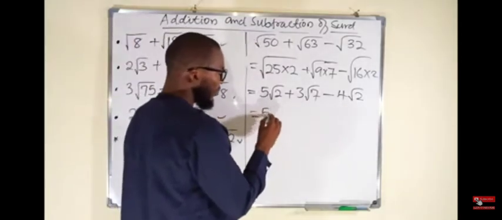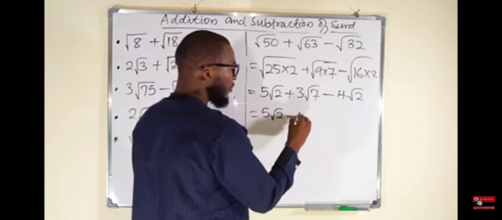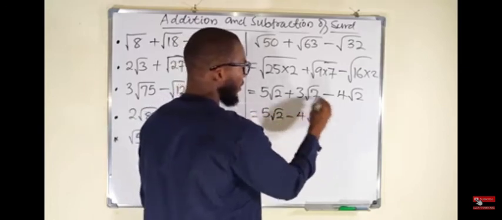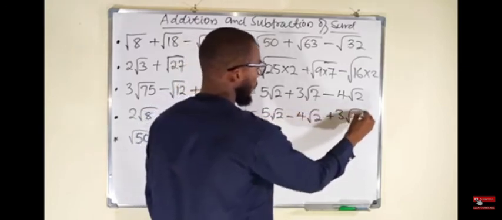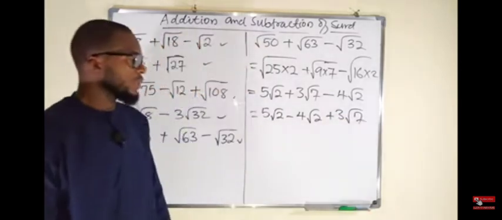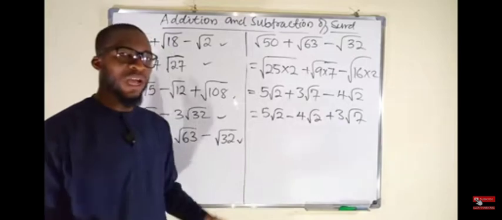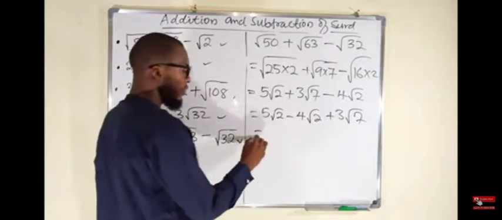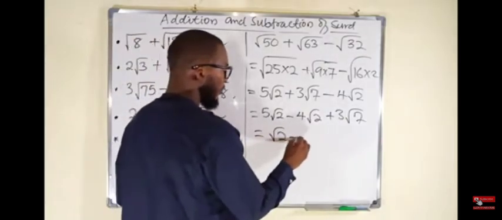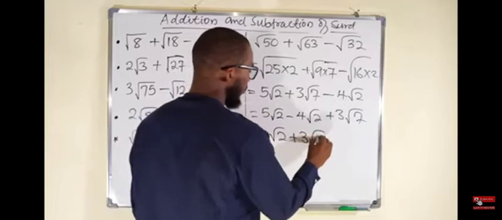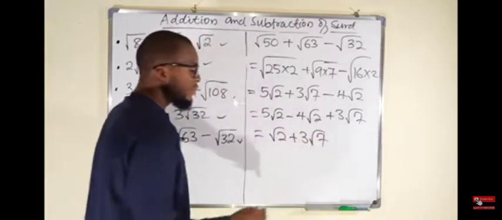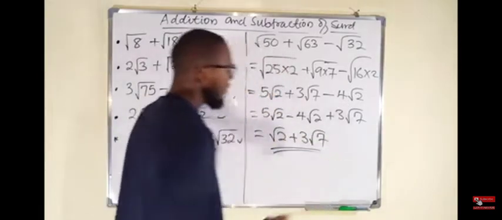We have 5 root 2, then minus 4 root 2. Finally, we have plus 3 root 7. 5 bundles of root 2 minus 4 bundles of root 2, we have a single bundle of root 2. Then plus 3 root 7. Because they are not similar, you have to leave them like this.